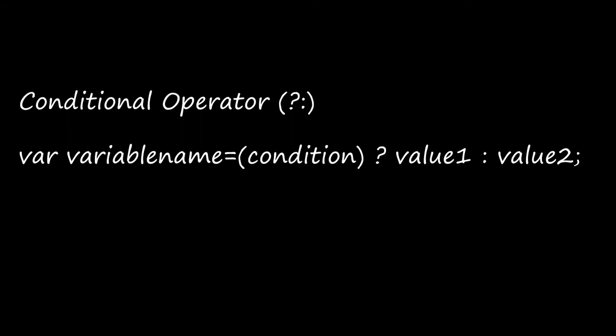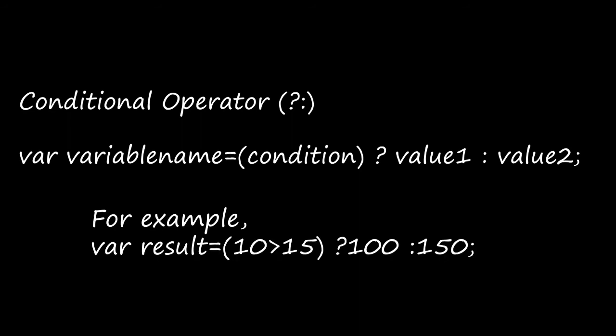That means whether the condition is true or false, like that it will take, right? Question mark and value 1 and colon value 2, at the last you have semicolon, right? So here, in that condition place you can give either relational expression or logical expression, right?